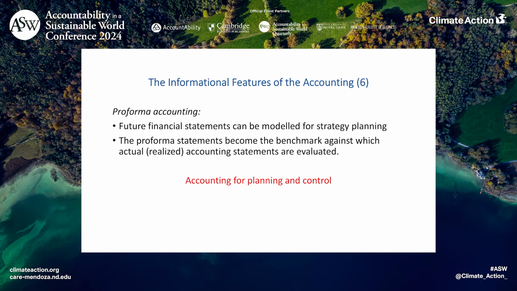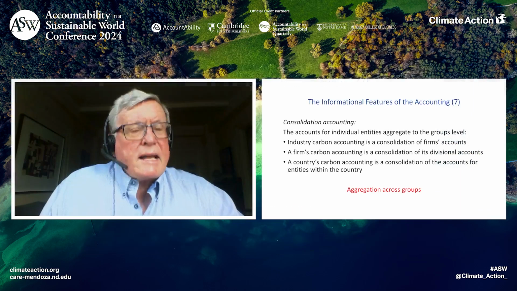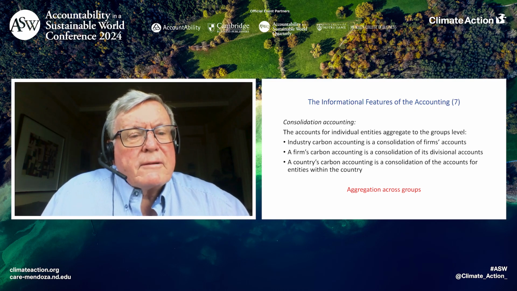It lends itself to consolidation. The accounting deals simply with scope 1, although scope 2 can be added for informational purposes. Scope 1 is simply the carbon that is being generated by the entity itself, for what it's responsible. As such, it can be consolidated.